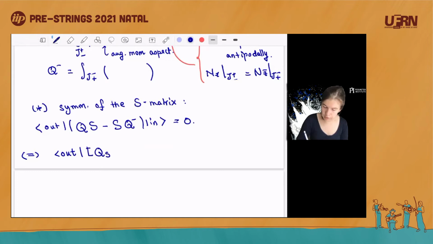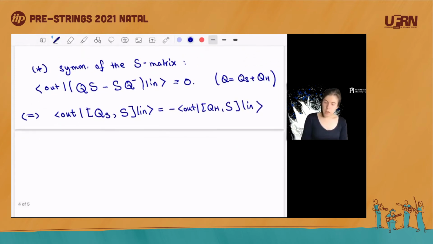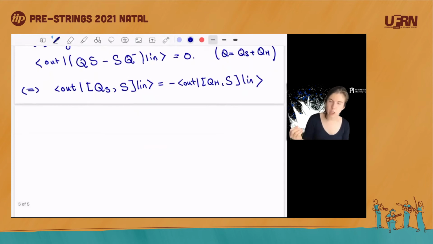Recall that Q is Q soft plus Q hard. So it trivially follows that the commutator of Q soft with S has to be equal to minus the commutator of Q hard with S. And now the punchline is that I actually know how to compute the left-hand side.